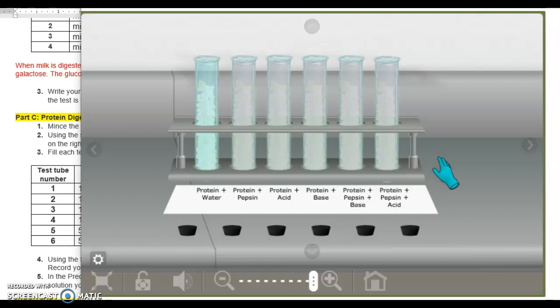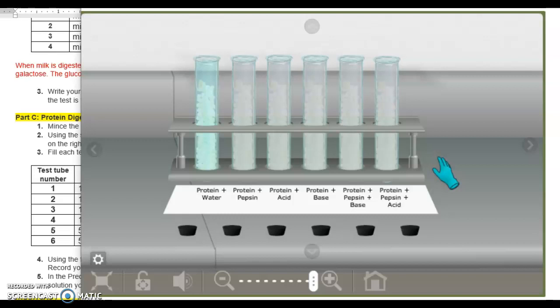If the pH is too high or too low, then it won't be activated. So for pepsin to work, it needs to be in the presence of a low pH, like your stomach has a low pH. So the acid and the pepsin together in your stomach break down proteins.